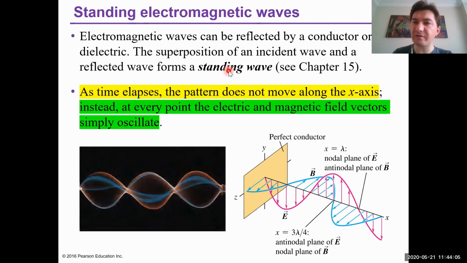During the first semester in Physics 1, in chapter 15, we discussed standing waves. The mechanism is the same, okay? So let me draw something here.